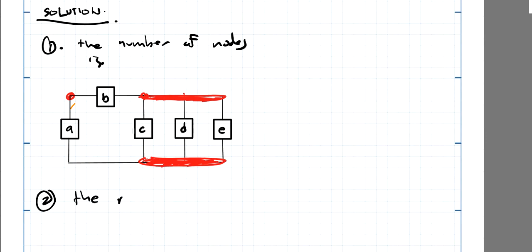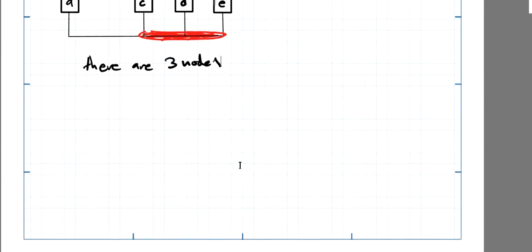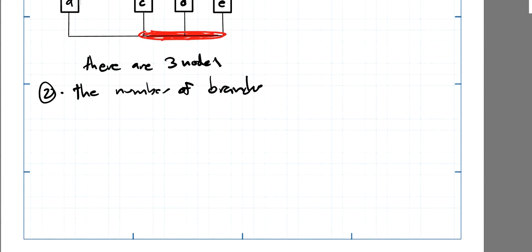I forgot to write, so there are 3 nodes. Right, the next one is the number of branches.